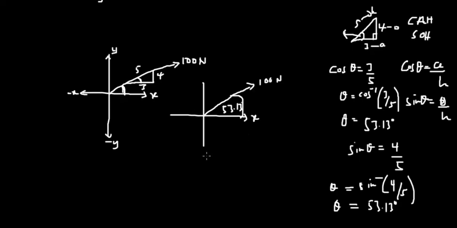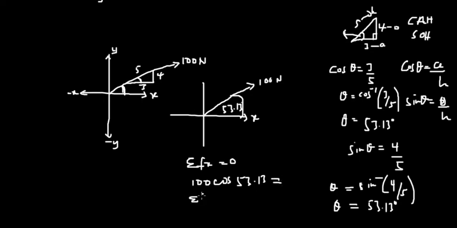And then by doing this, when you resolve along the x and y axis, as I already illustrated, along the x-axis, since the angle lies between the x-axis and the force, we have 100 cos 53.13. You can compute that and then you find the answer.